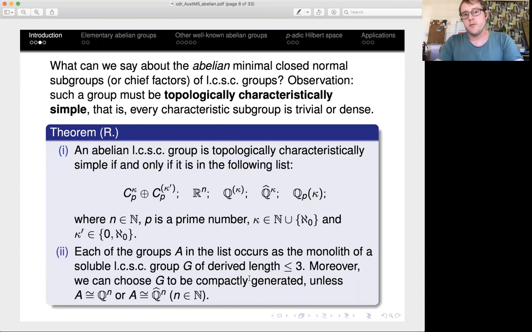Moreover, each of them occurs as a chief factor, and most of them occur as chief factors of compactly generated groups. The exceptions are Q^n and Q-hat^n. Those don't appear as chief factors of compactly generated groups, but they do of l.c.s.c. groups more generally. Okay, so that's the classification.